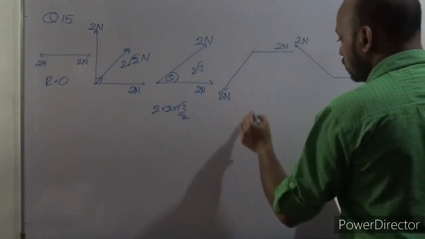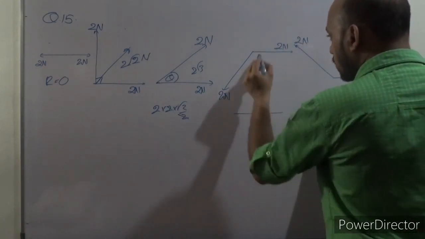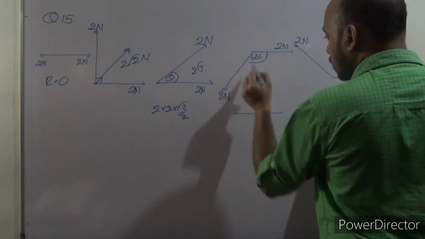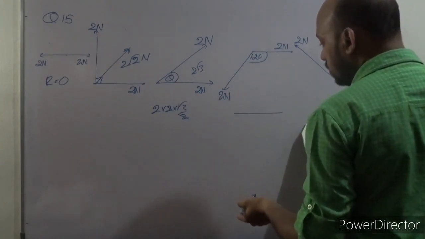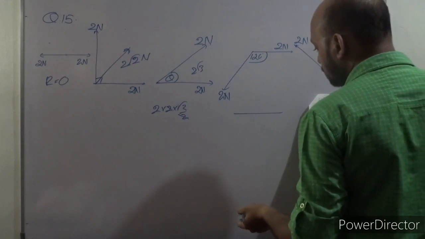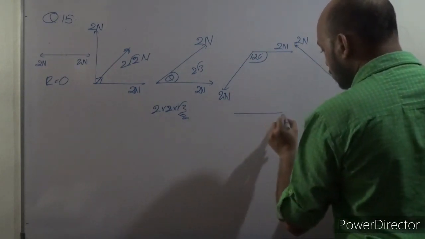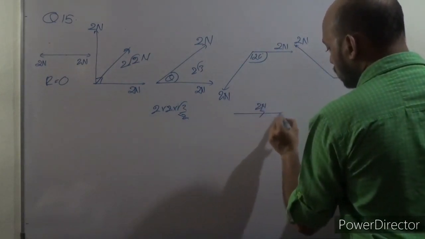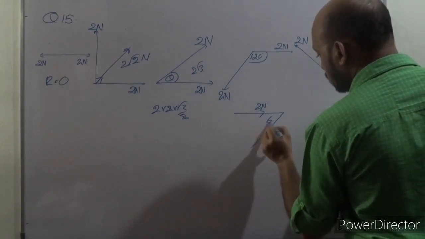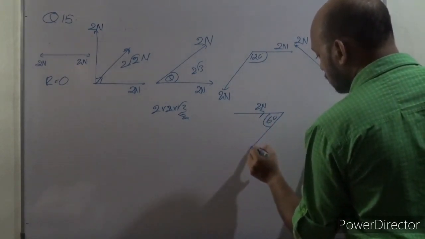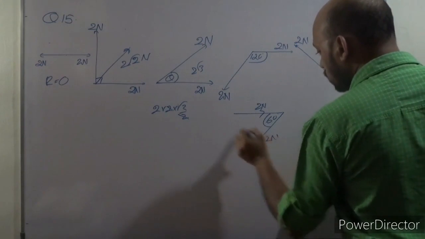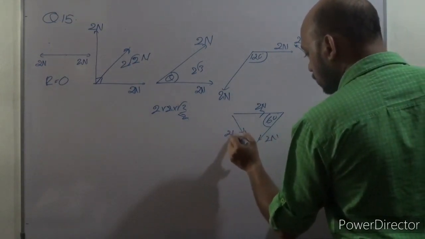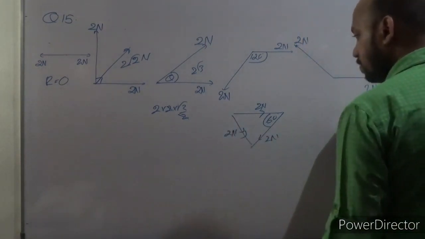Now here it is 120. As a scale, if 120 means here 2 Newton, here it should be 60, here also 2 Newton, so the resultant is also 2 Newton, like an equilateral triangle.